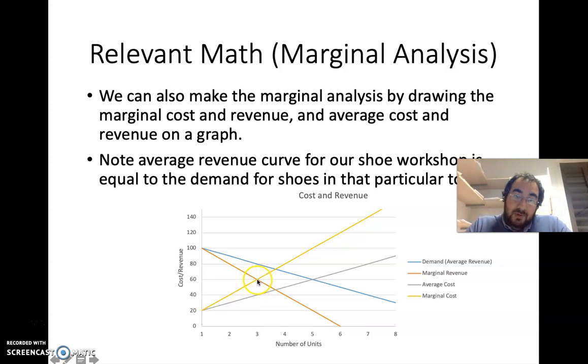The revenue the worker brings is $60. The cost of the worker is $40. The wage you pay to the worker is $40. So the marginal revenue the worker creates is higher than the wage you pay to that worker. In that case, even in the neoclassical sense, you have exploitation of the worker.